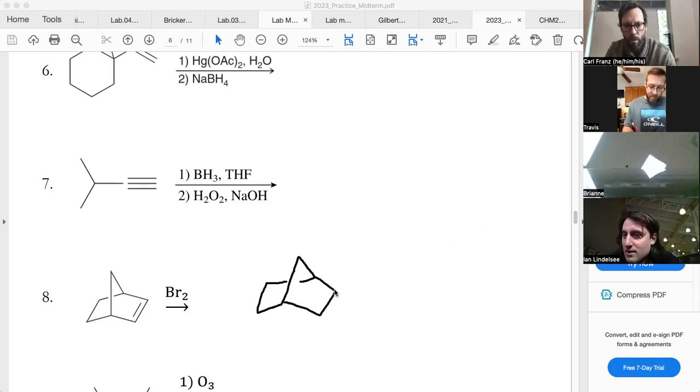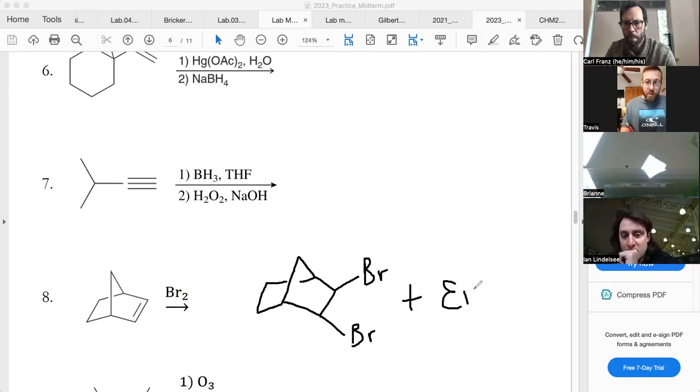Precisely. Okay. So you could just write it like this, plus enantiomer. Or you could write one as wedge and one as dash. True. Yeah.